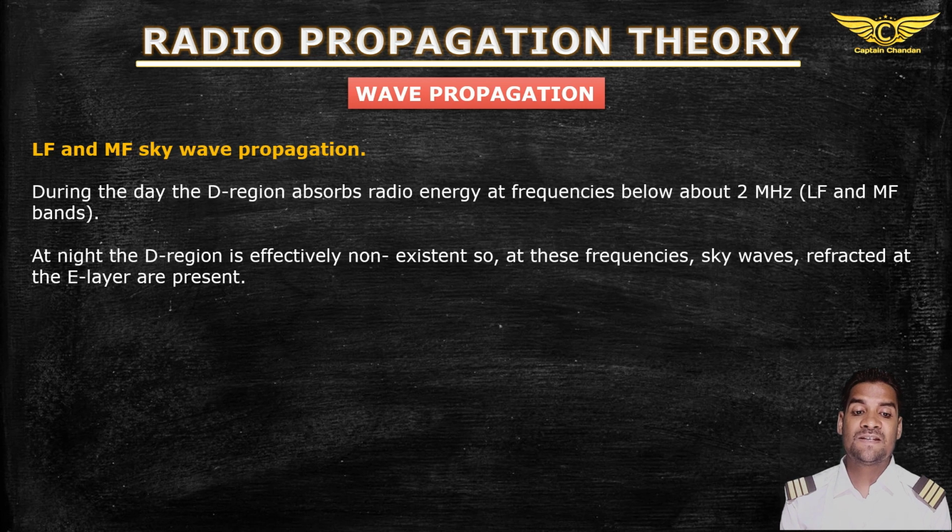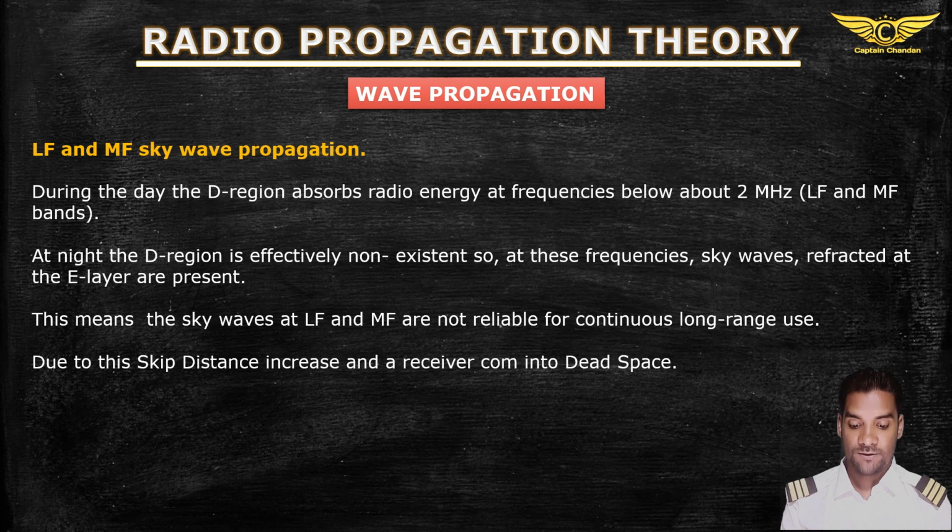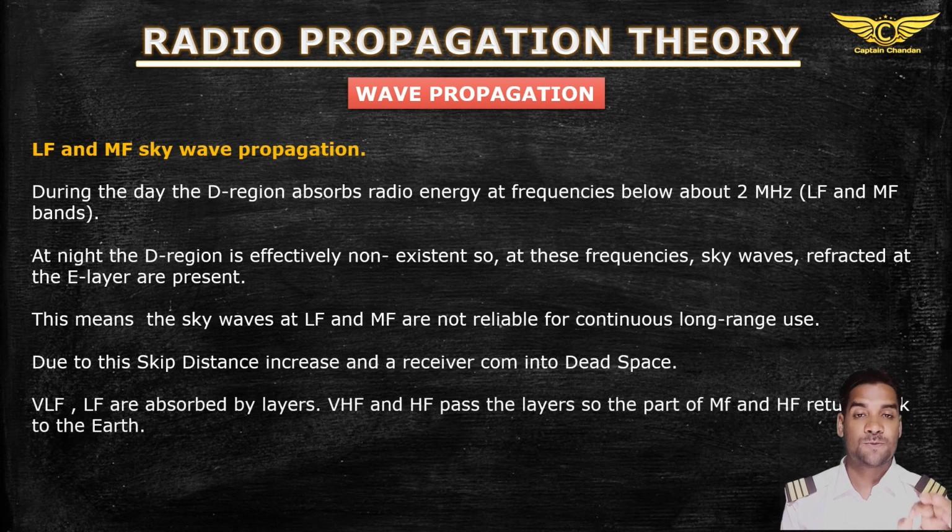So at these frequencies, a sky wave is refracted at the E layer because the E layer is present. This means the sky wave at LF and MF is not reliable for continued long range use. Due to this, skip distance increases and a receiver can come into dead space.